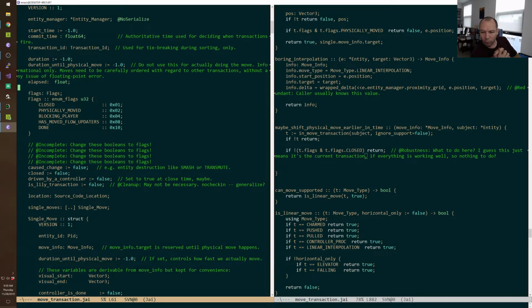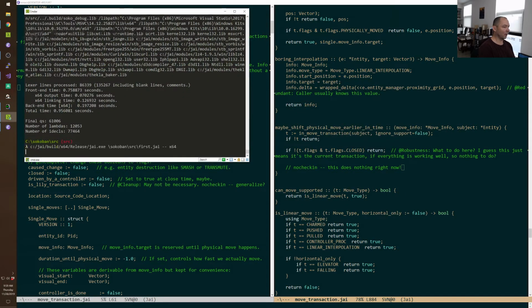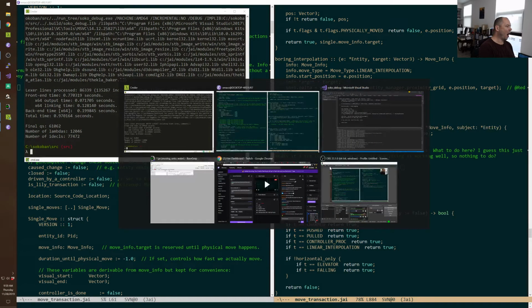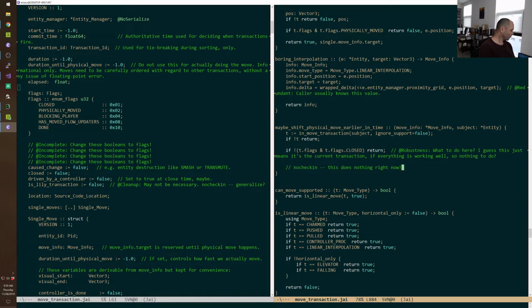Enum flags will always be a sequence of x to the power of 2. Maybe, except you could OR flags together in here if you wanted to. Okay.